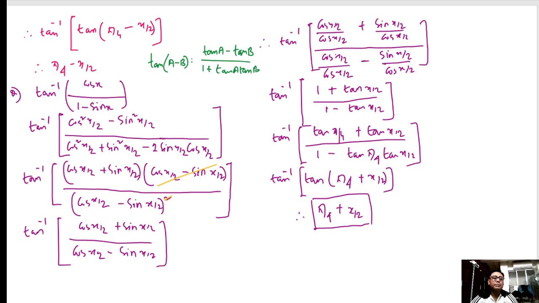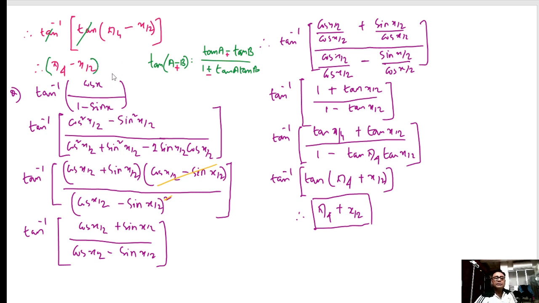If I just simply add it, I will get both the formulas. So here we find that we are getting tan of a minus b. Now tan inverse and tan will cancel, so it is pi by 4 minus x by 2. Clear?